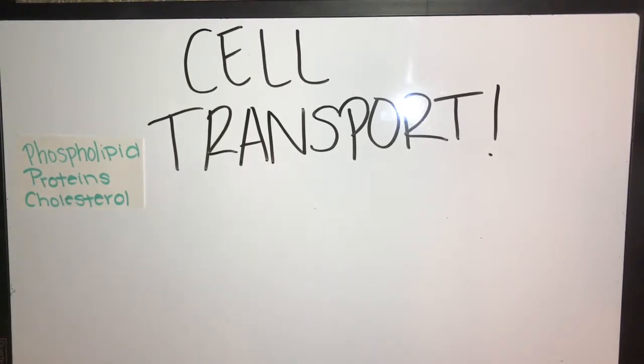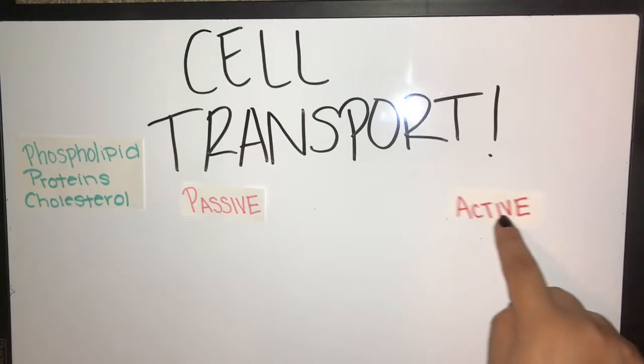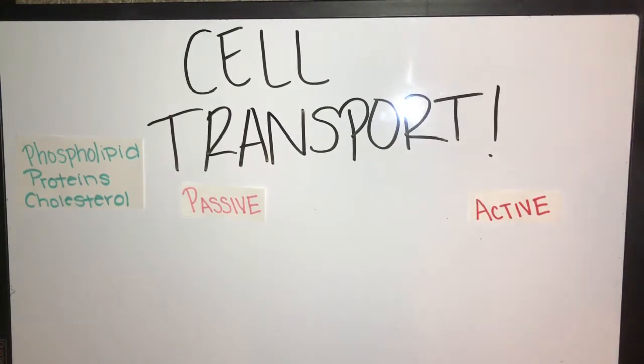Now, there isn't just one cell transport, there are two types of cell transport. The first type is passive. The second one is active. Now, you can probably already guess where this is going.